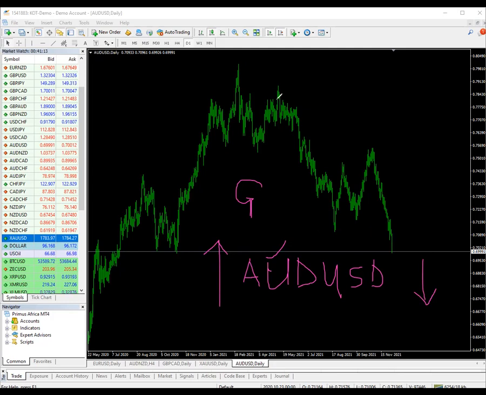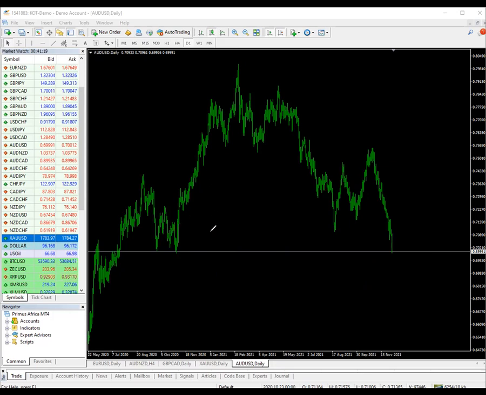So as you can see here, we are saying that AUD USD as a currency pair correlates with gold about 80%. So we are saying it is only making a correlation of about 80% and not 100%. So it means that the chart of AUD USD will not look exactly the same as gold because the correlation is just 80%.